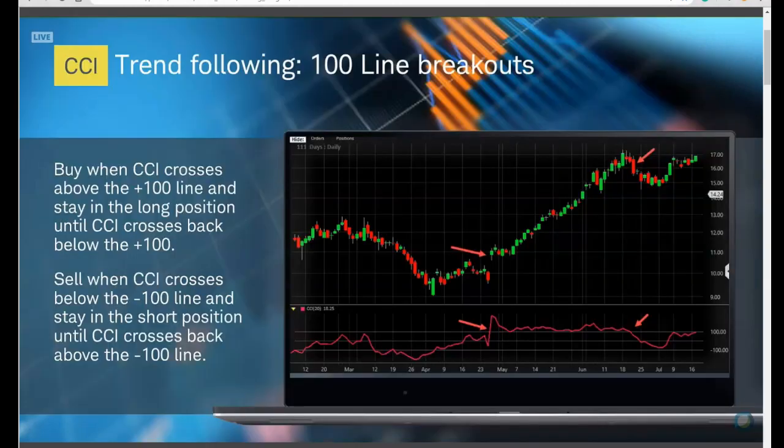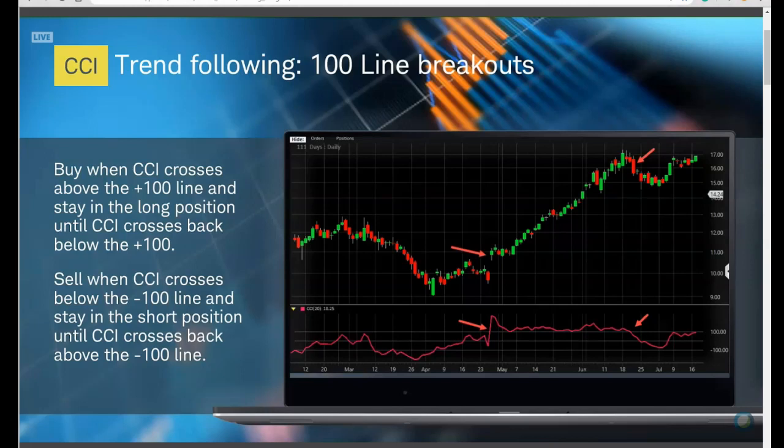Okay, so this is the original method that Donald Lambert came up with. It was a way to mechanically look for breakouts in commodities contracts and to trade them for commodity trend following trading systems. Now, this method, the rules are you get into a trade on the long side if the CCI crosses above the 100 level. Why would you do that?